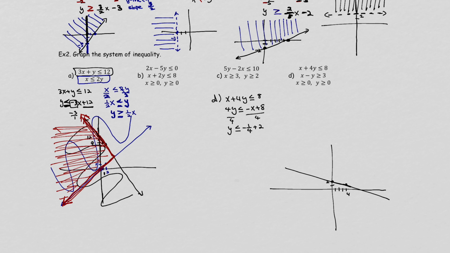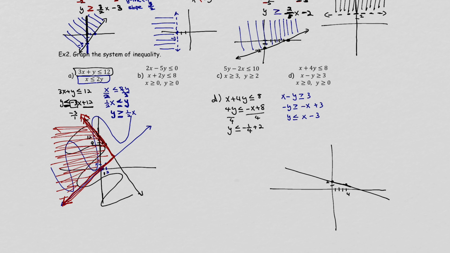And then the second one, you have x minus y is greater than or equal to 3. When you solve for y, you have negative y is greater than or equal to negative x plus 3. When you're dividing or multiplying by negative 1, you will flip the sign. This becomes y is less than or equal to x minus 3.